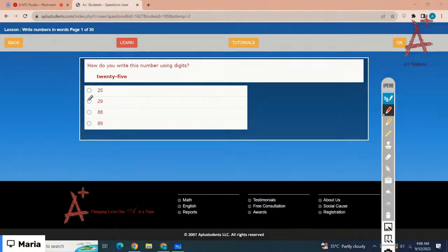That means 2 is at the tens place and 5 is at the ones place. So it is 25. Yes, option number 1 is the correct option. Very good, everyone.